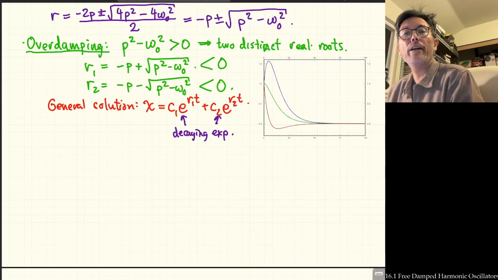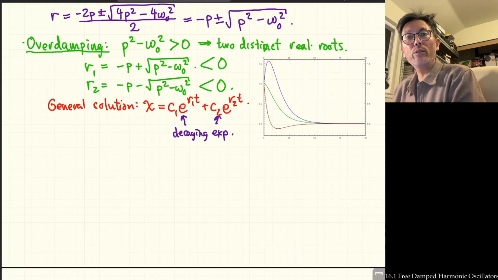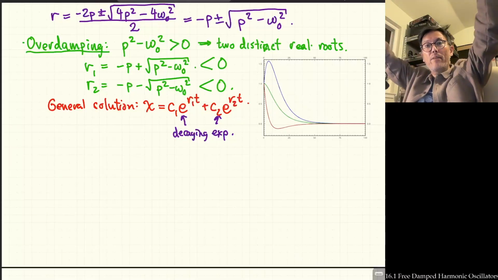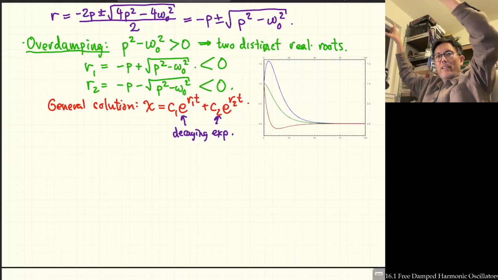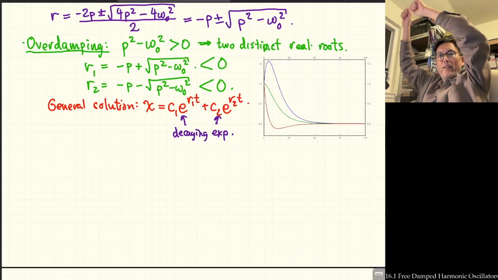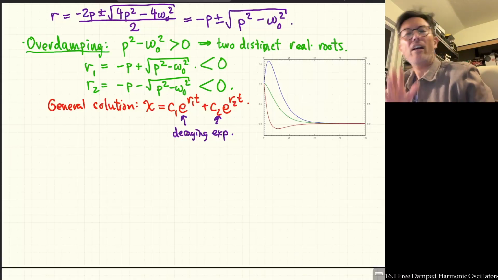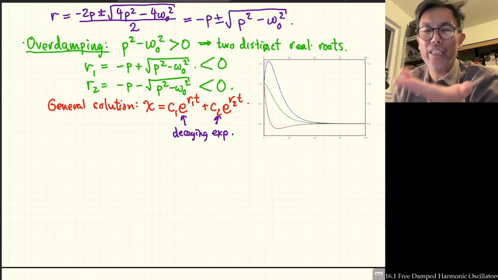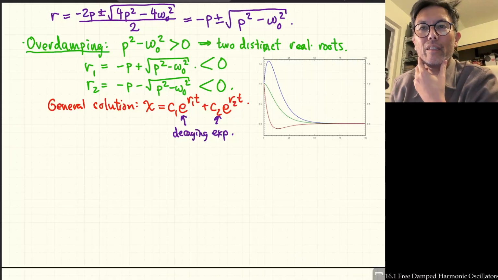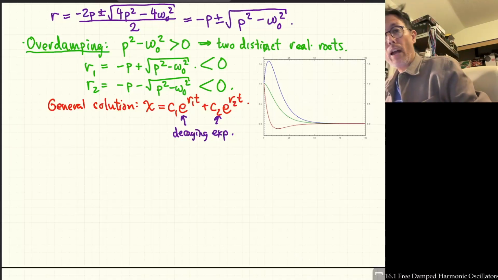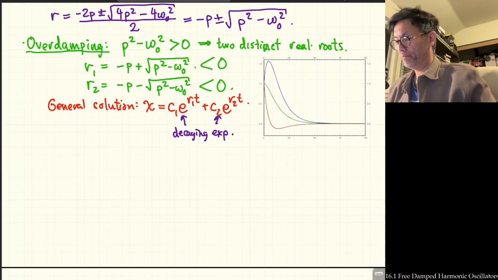That little device at the top of the door with a little hinge that closes the door is an example of an overdamped harmonic oscillator. And that's overdamping.